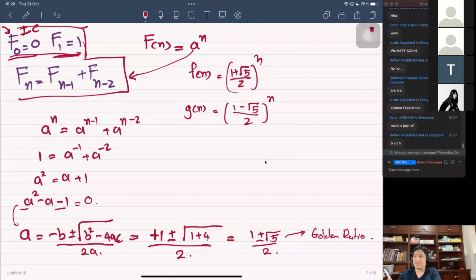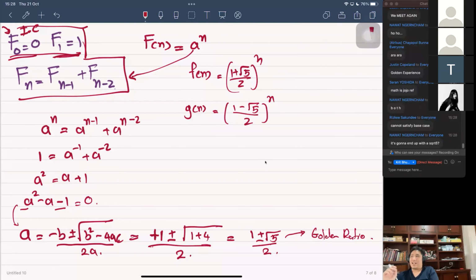Which one would you like? Both? No, that doesn't work. You should have one. Pick one, or tell me why you cannot pick any. Anyone? Which one do you pick?